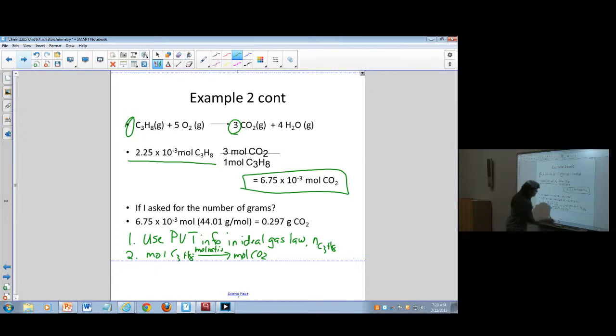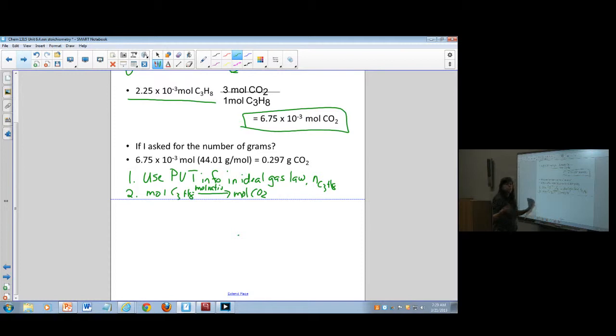Now, I told you a minute ago, I could ask you a little bit more in-depth problem. Like I could say, for example, how many grams of CO2 will form in this reaction? Well, that's just one more step, and you should know how to do that pretty well.